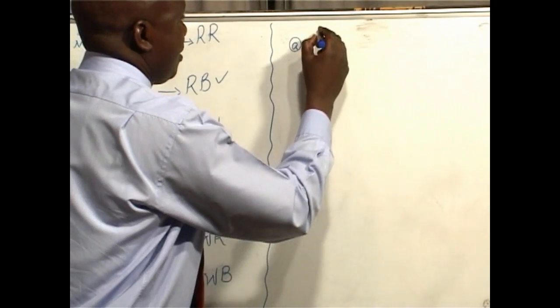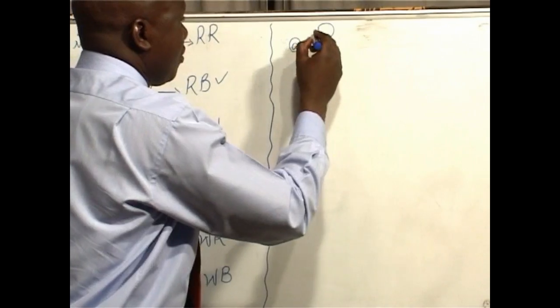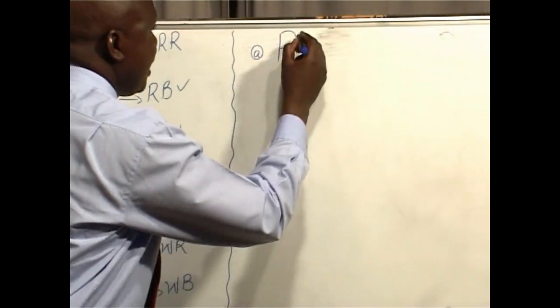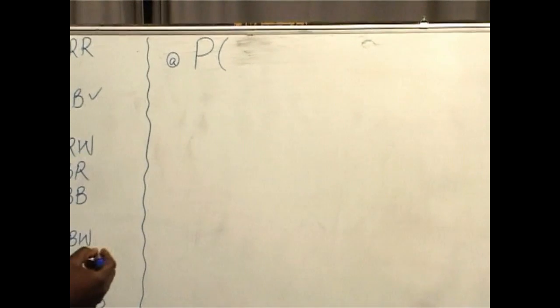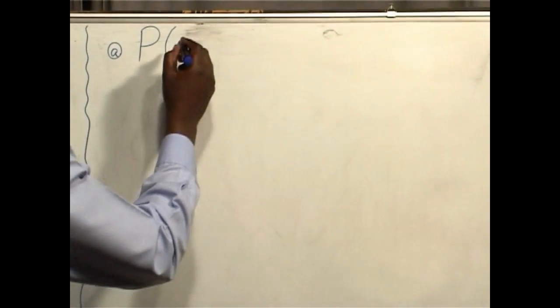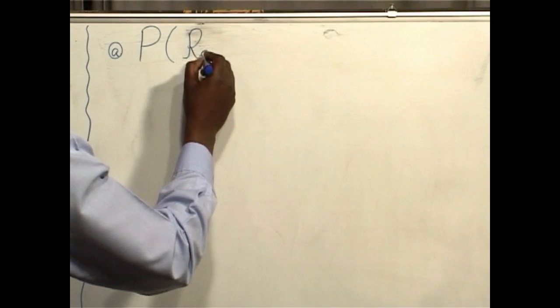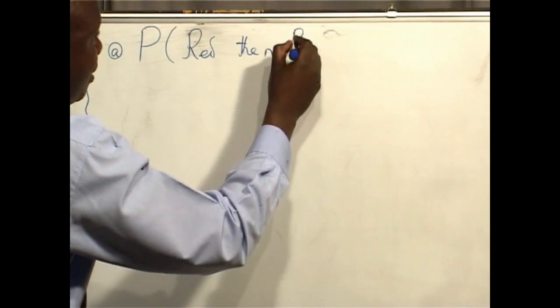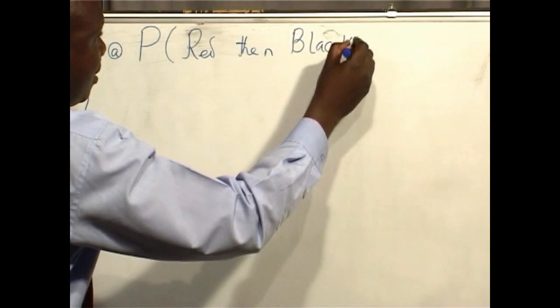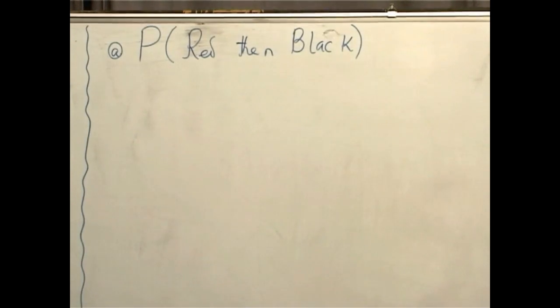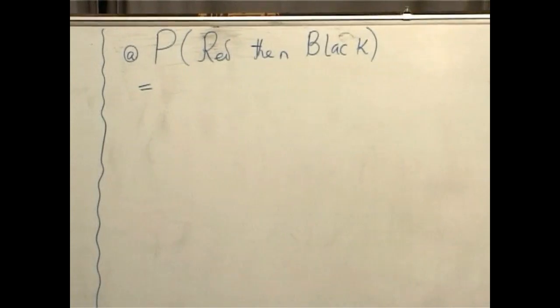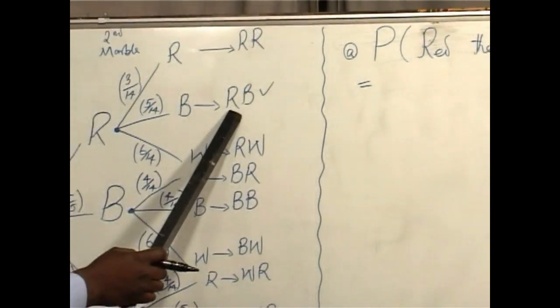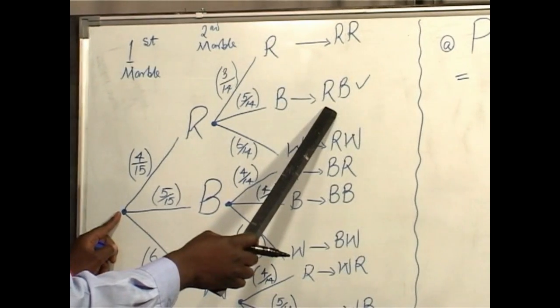Part A, P for probability. Then in the brackets, we indicate the given condition. So the condition is red, then black, which is equal to, then we move from the root node up to this condition satisfying what we have been given.